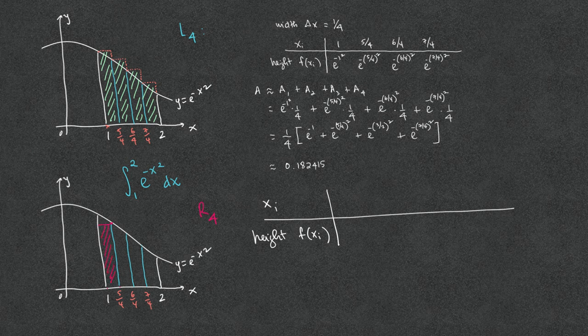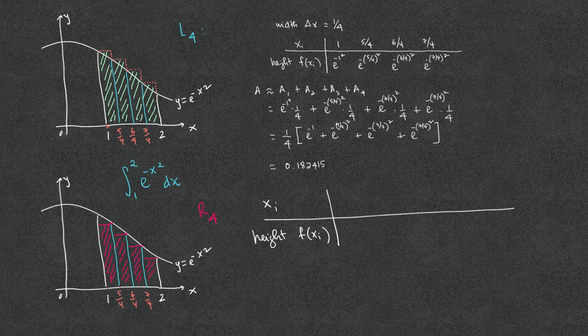For the next interval, we would use the right endpoint 6 over 4, go to the graph to obtain the height of the rectangle, for the interval 5/4 to 6/4. Next, we use 7 over 4 for the right endpoint of the interval 6/4 to 7/4 to obtain the height of the rectangle.